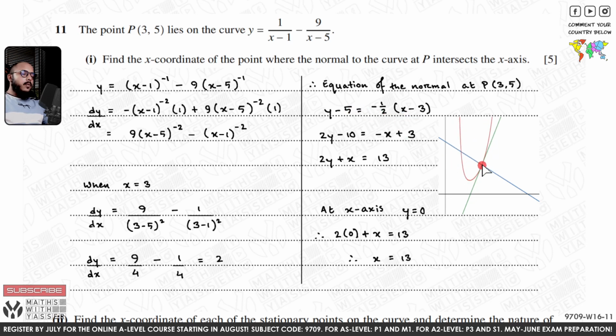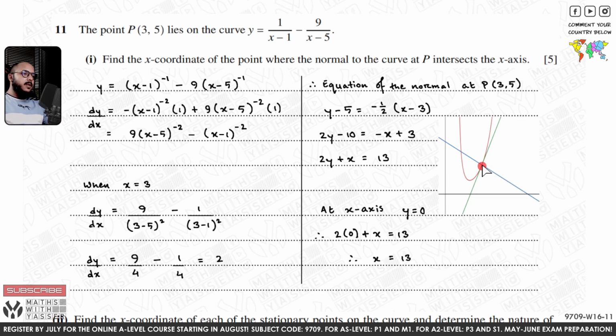So we know that the normal, which is this line, is perpendicular to the tangent, which is the green line. They're saying that the point P lies on this curve, and we need to find the x coordinate of the point where the normal to the curve at P intersects the x-axis.